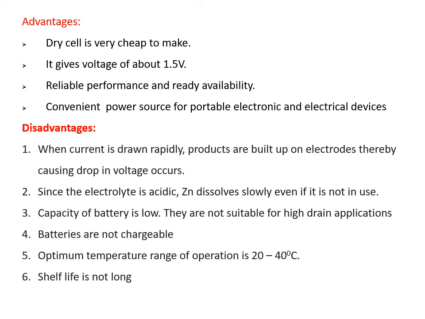The capacity of the battery is low. They are not suitable for high drain applications. Batteries are not rechargeable. The optimum temperature range of operation is 20 to 40 degrees Celsius. Shelf life is not long.